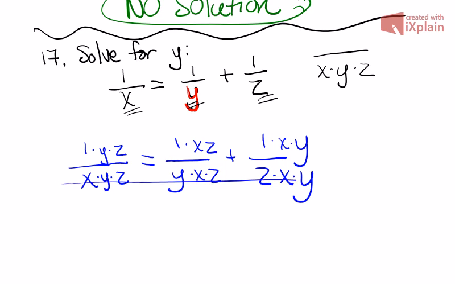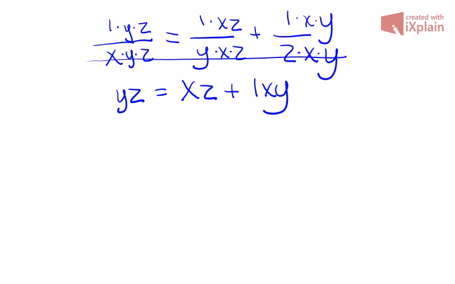Okay, cross those off. Just keep in mind, none of those can be 0. 1 times y times z is yz. 1 times x times z is xz plus 1 xy. So at this point, knowing we need y by itself, first thing we're going to want to do is subtract this xy over here.